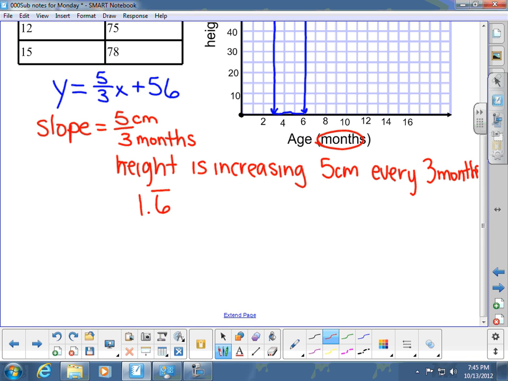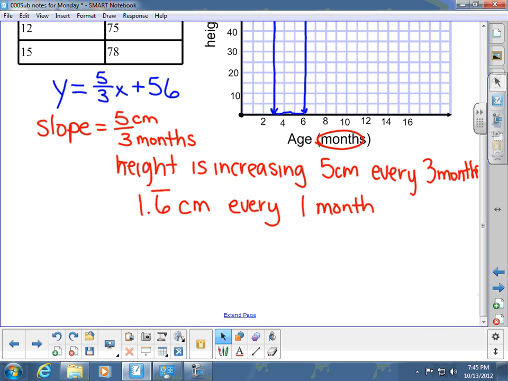So another way to say that is that the height is increasing 1.6 repeating centimeters every 1 month. Either of those answers would be okay, but both answers do relate to the situation and have the units that are in the story problem.